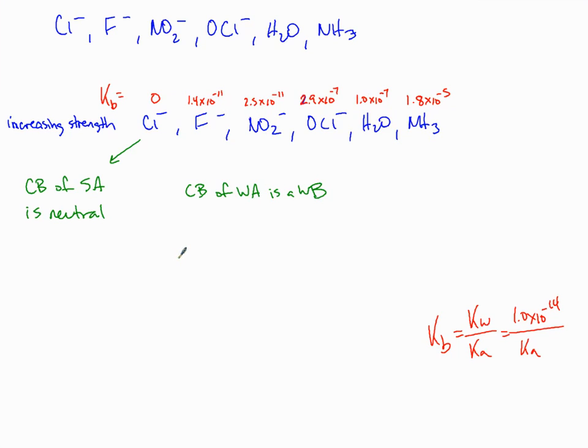Another piece of information: the stronger the weak acid, the weaker the conjugate base. And like I said, eventually you get to the actual strong acids, and they are not acting as a conjugate base at all. They're just a neutral salt.